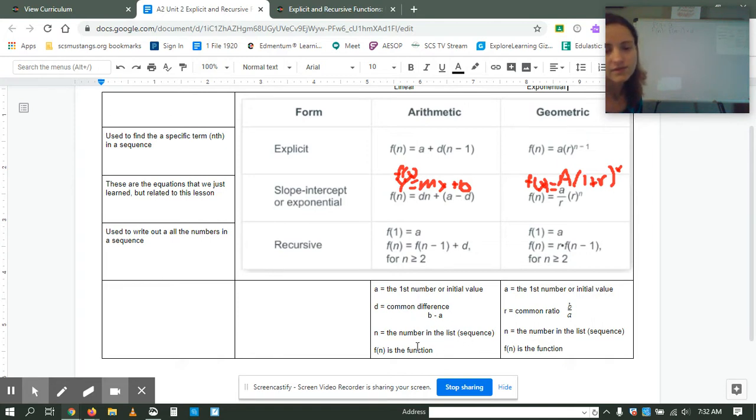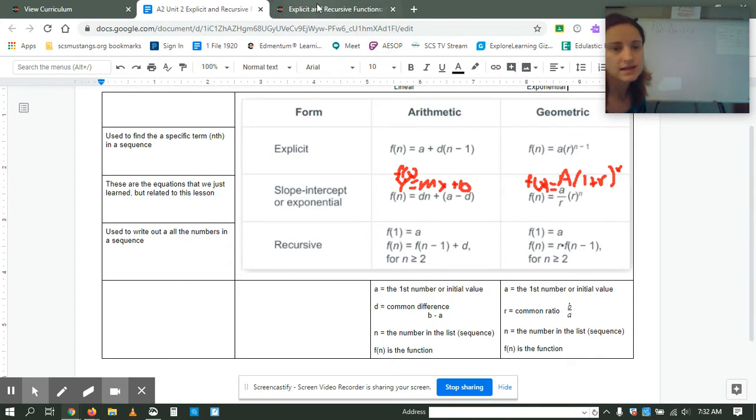And f of n is whatever the function is that we're working with. Other than the equations being a little different, all of the values represent the same thing, except for arithmetic or linear, we're looking at the common difference, and for geometric or exponential, we're looking for that common ratio.